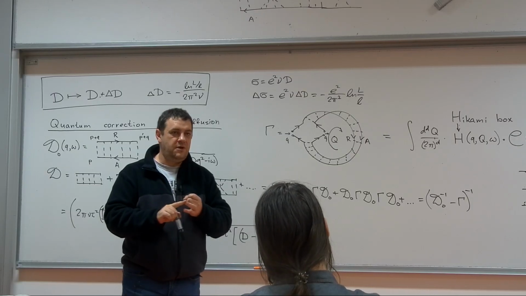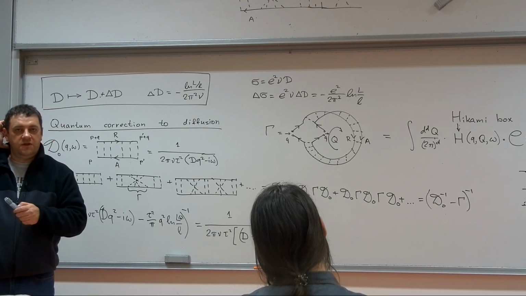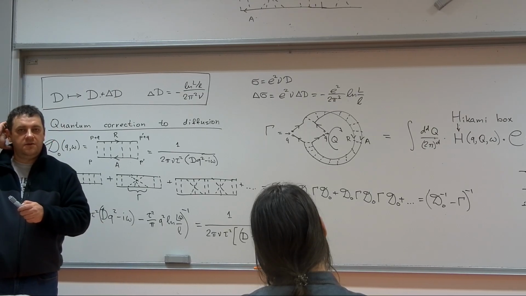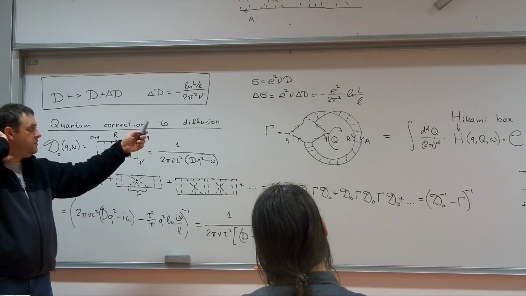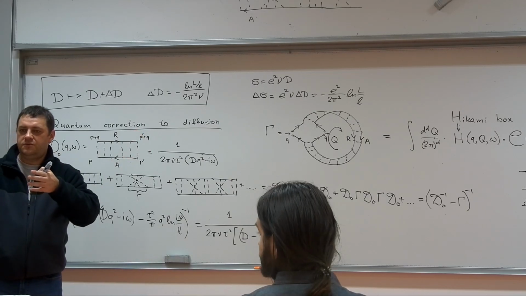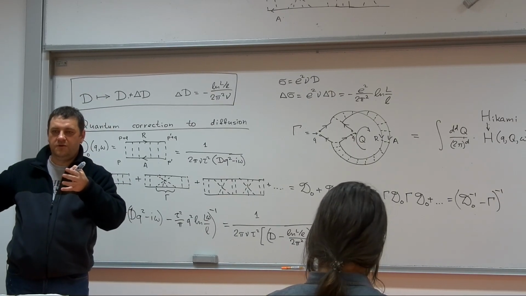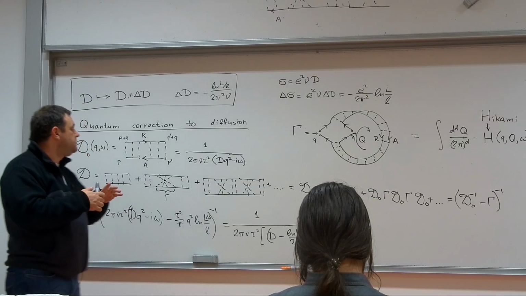Somebody asked me on the very first lecture what happens with these quantum corrections. Do they break, do they alter this? I guess it was you. Do they alter this identity D equals v Fermi squared tau over d? So this is what they do.